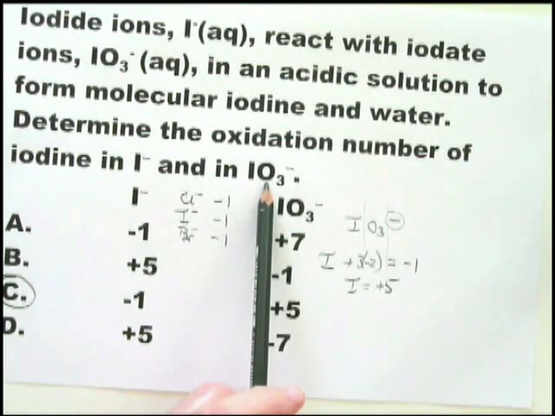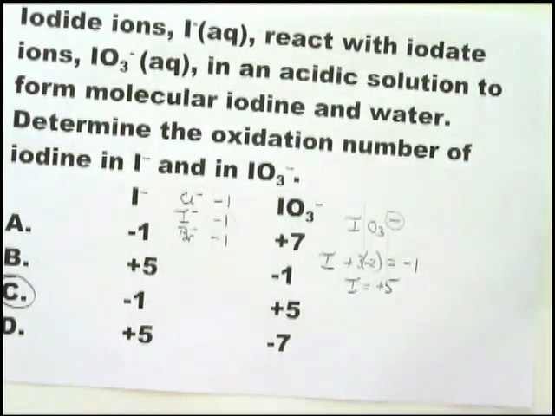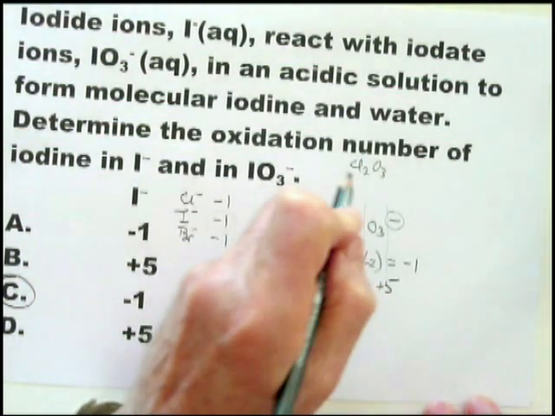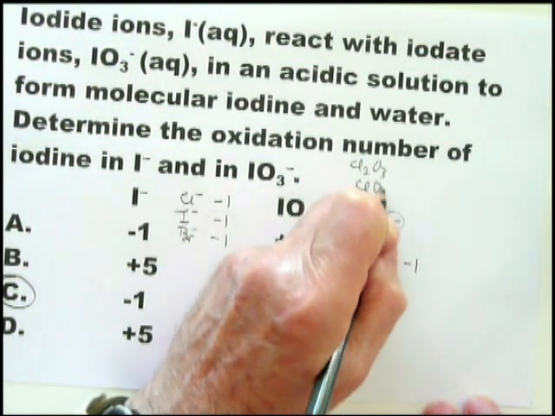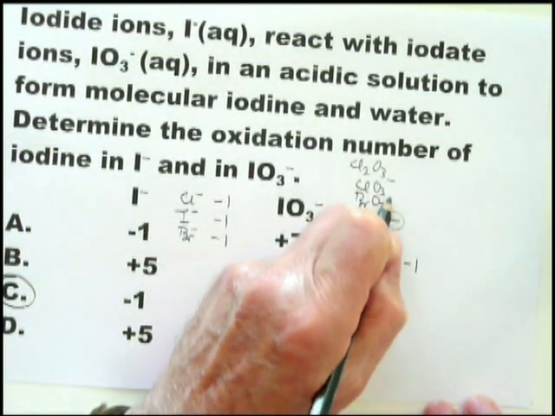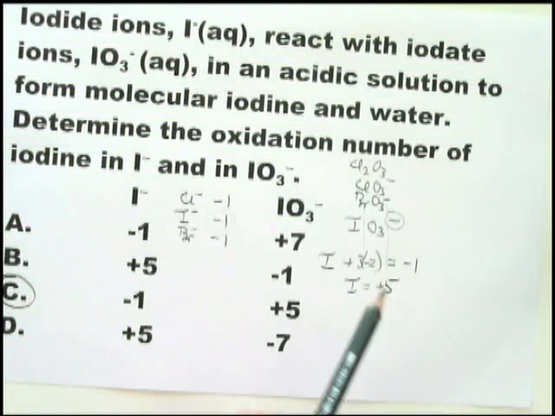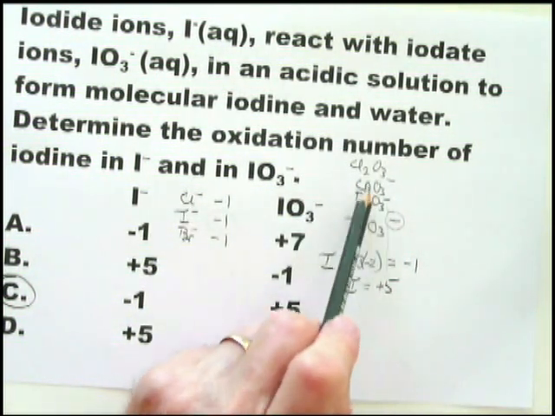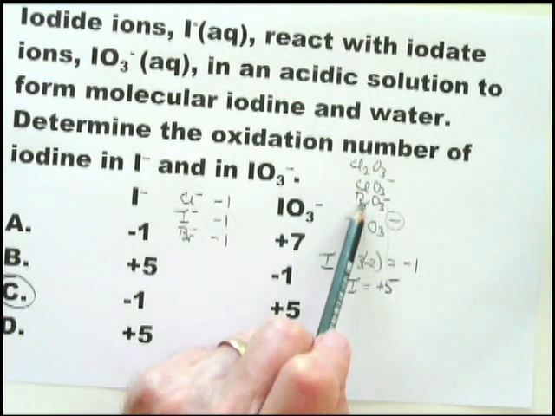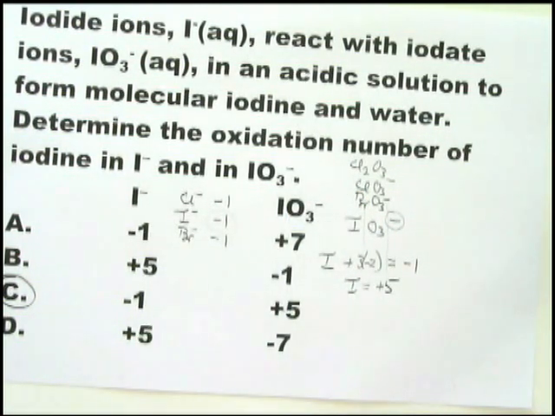As soon as you see anything else, like iodate, or you see Cl2O3, or you see ClO3 minus, or you see BrO3 minus, know that these will have positive oxidation numbers for the chlorine, the bromine, and of course for the iodine as well.